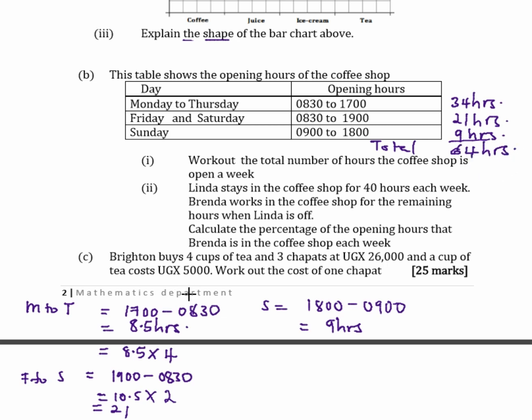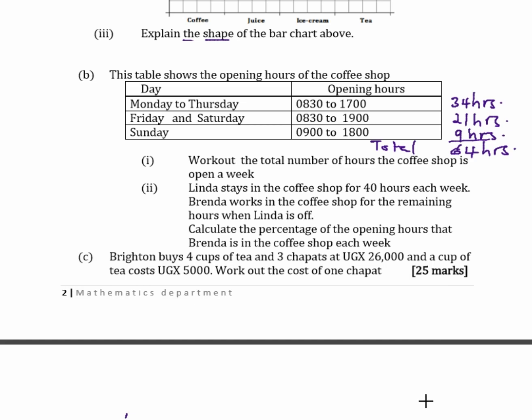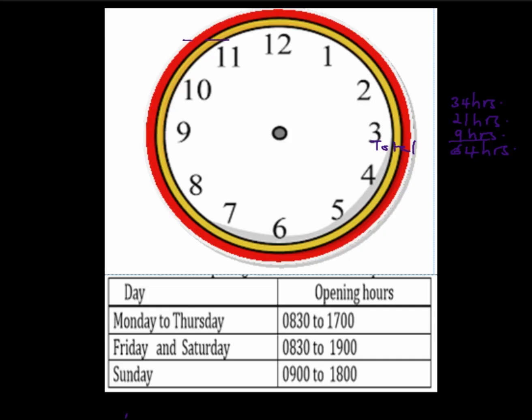Now, is there an alternative of getting that value? Yes, it's there, and we are going to use the other way round. Is that okay? We have our wall clock. And they are telling us day against opening hours. Let's start.